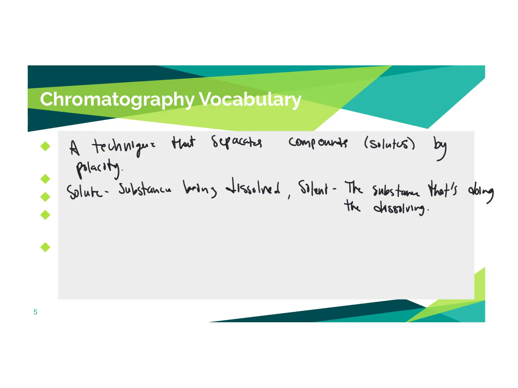A few other terms that'll kind of make sense on the next slide that I want to define are stationary phase, and that is the substance that remains in place during chromatography.